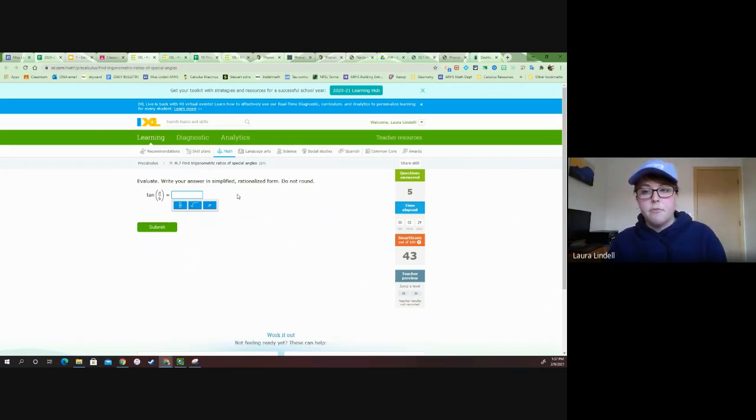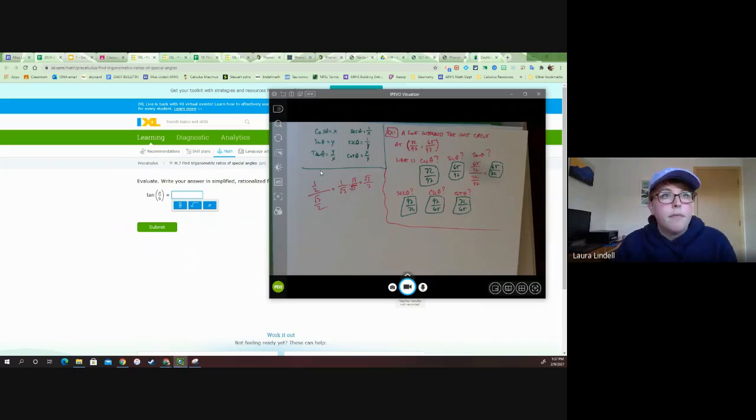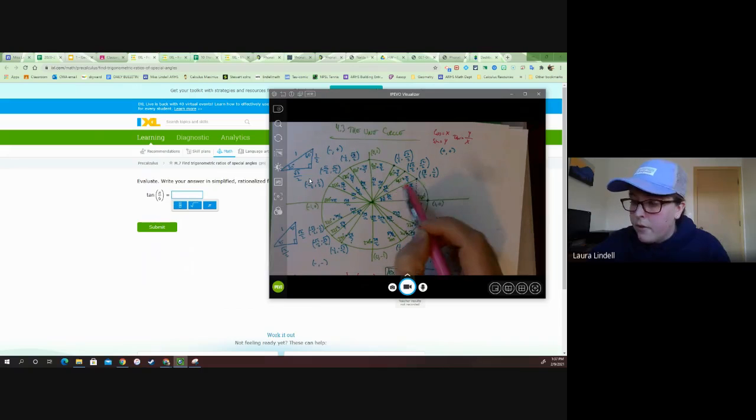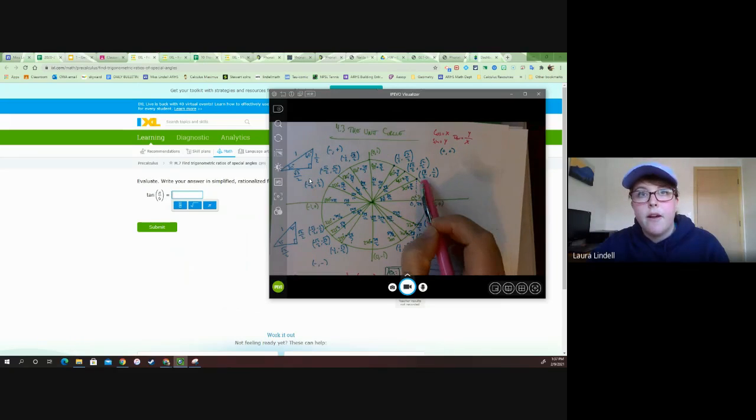Here we go, tangent of pi over 6. So this was actually the same one that we had been asked previously, tangent of 30. But when you do tangent of pi over 6, you remember that tangent is y over x. So you look at your unit circle, and the y value on pi over 6, or 30 degrees, is 1/2. The x value is √3 over 2. So you'd have 1/2 divided by √3 over 2.